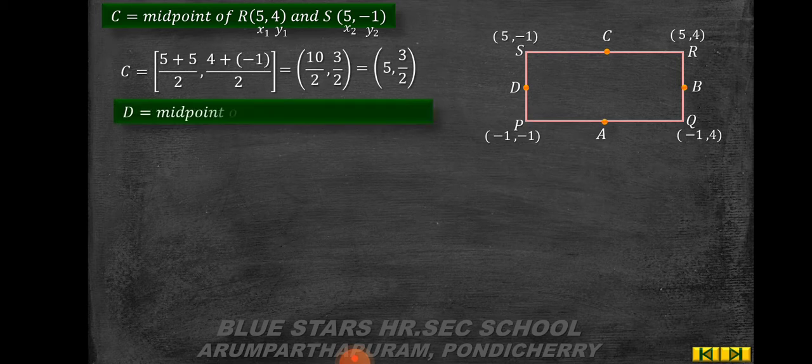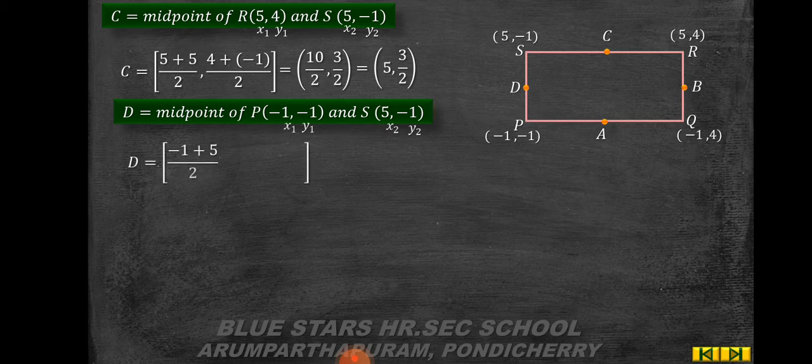D is equal to midpoint of S and P or P and S. So D is equal to midpoint of P of minus 1 comma minus 1 and S of 5 comma minus 1. D is equal to x1 value is minus 1 plus x2 value is 5 divided by 2 comma y1 value is minus 1 plus of y2 value is minus 1 divided by 2, which is equal to 4 by 2 comma minus 2 by 2, which is nothing but 2 comma minus 1.